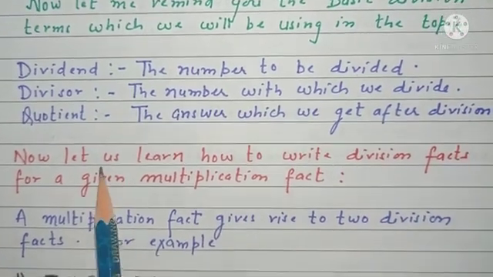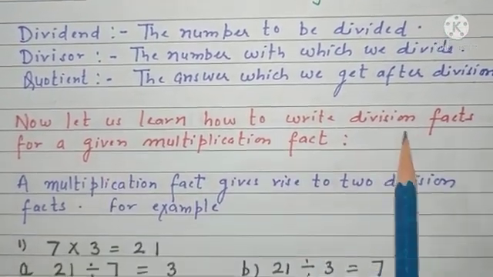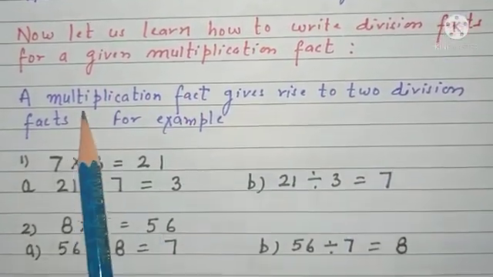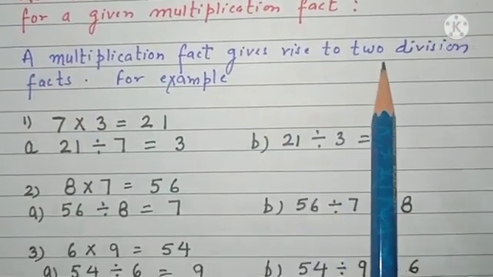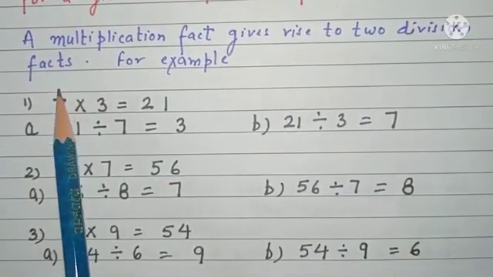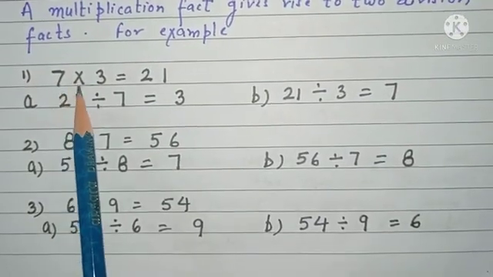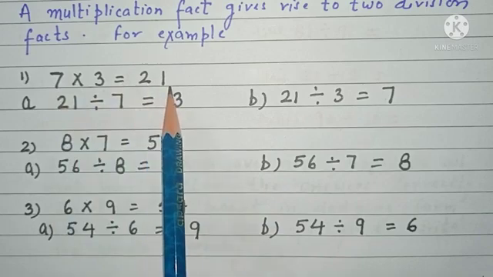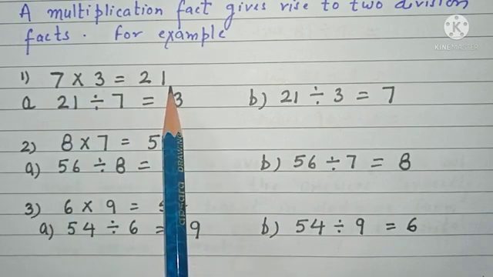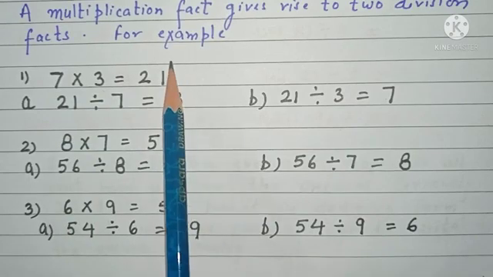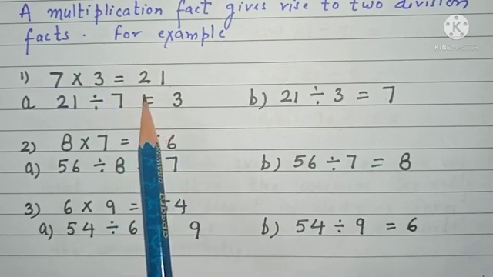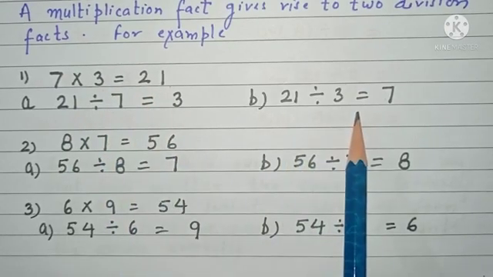Fine students, so let us learn how to write division facts for a given multiplication fact. A multiplication fact gives rise to 2 division facts. For example, 7 multiplied by 3, that is 7 into 3 is equal to 21. This is a multiplication fact. And if we need to write division facts for a given multiplication fact, every multiplication fact gives rise to 2 division facts. And how to write them?